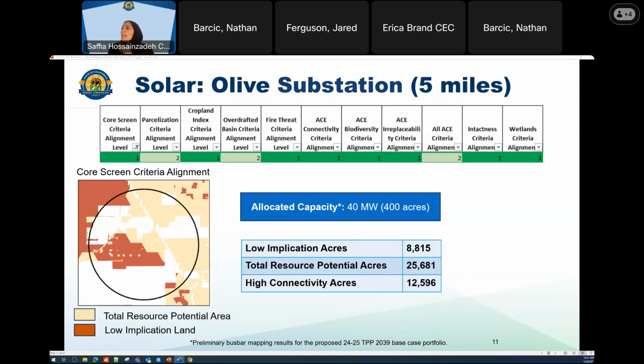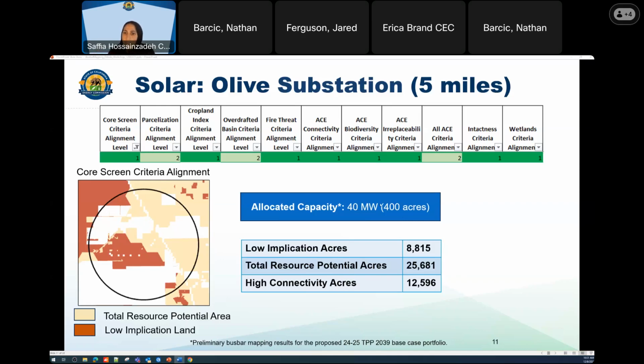So for the core screen criteria alignment level, for example, its level of alignment would be determined by how much area the capacity that we're considering to be mapped to this area takes up of the low implication land area. In this case, the 40 megawatts using a 10 acre per megawatt capacity density would give us about 400 acres.